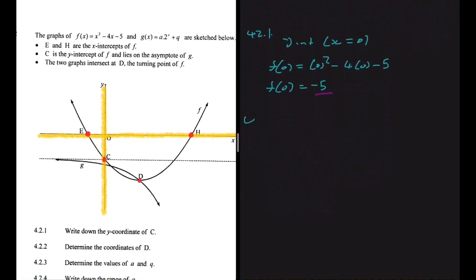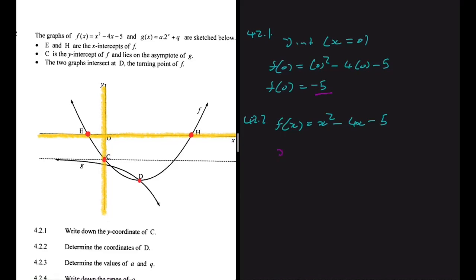And then the next question, 4.2.2, let's determine the coordinates of D. D is the turning point of f of x. So we have f of x, let's not forget, being equal to x squared minus 4x minus 5. If we want to find the coordinates of the turning point, it's beneficial if we start with the x value of the turning point, because we have a formula for that.